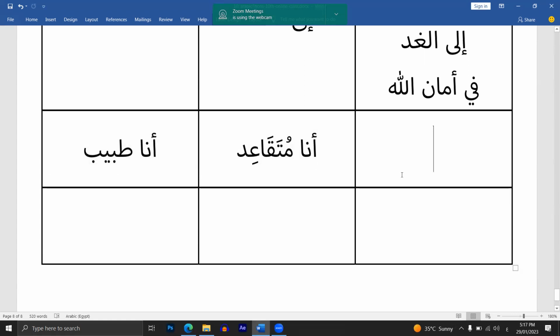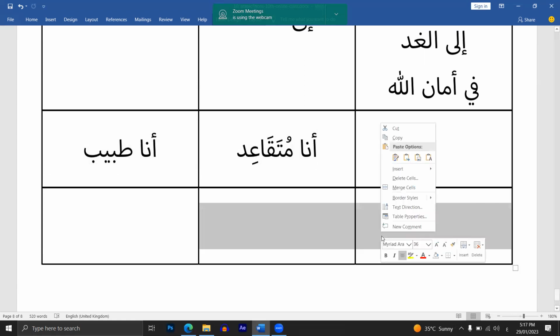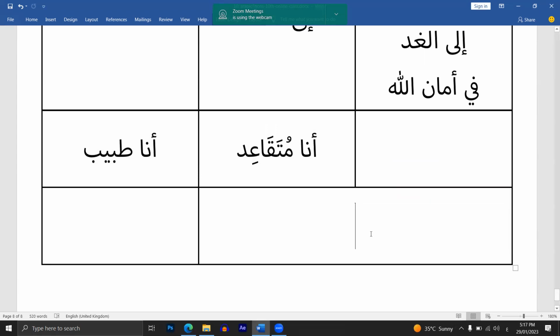I would like to comment a little, talking about the age. Numbers have a little confusion, but inshallah we will specify one class for numbers. When someone asks you كم عمرك, you can say عمري, and then you specify the number of years. Okay, and then after that you add سنة or عاما.